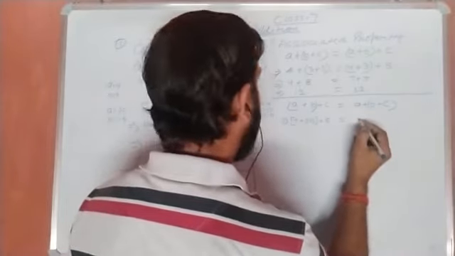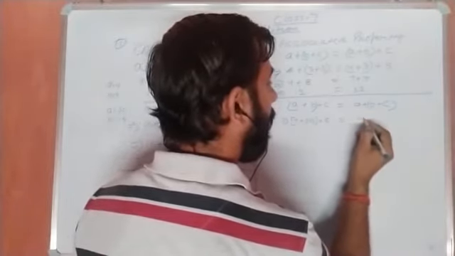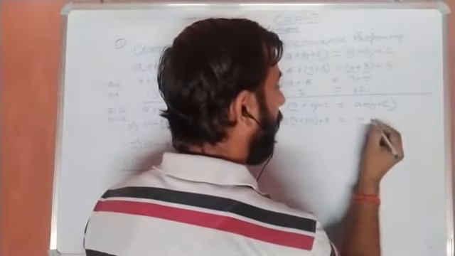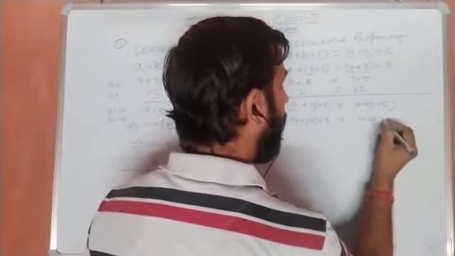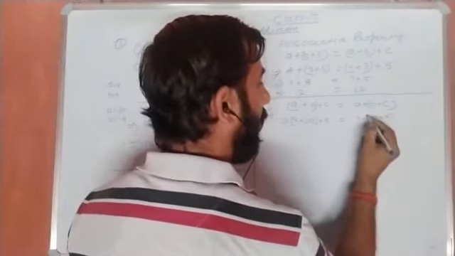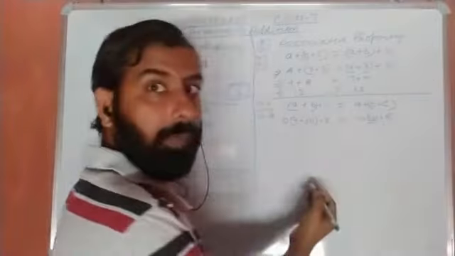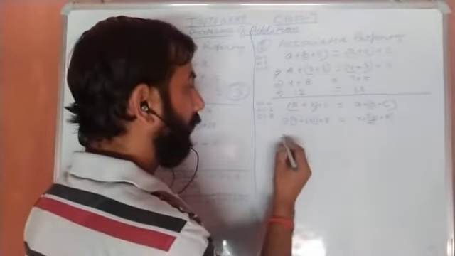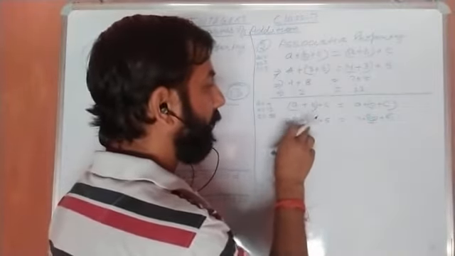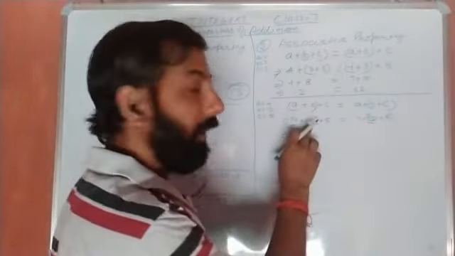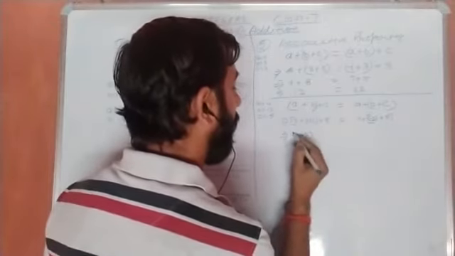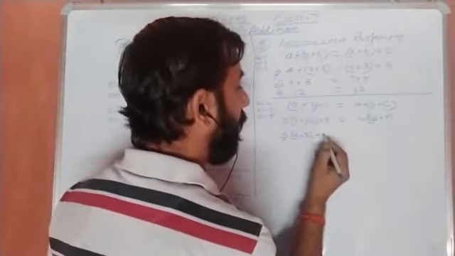Here A is what? 4. Plus B is what? -3. C is what? Plus 5. Now here we will make the big bracket. Clear? Now we will solve the plus minus. Plus minus is minus. So 4 minus 3 plus 5.